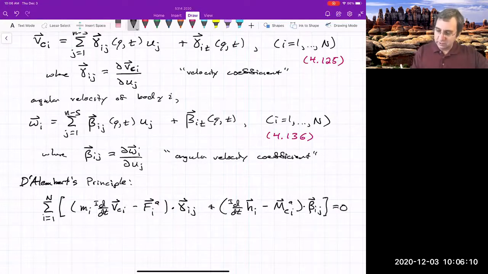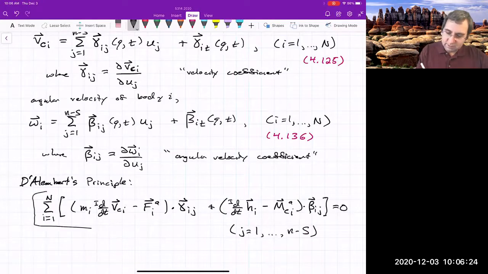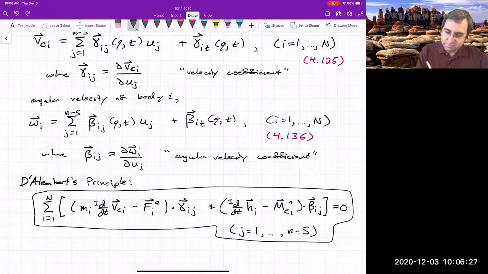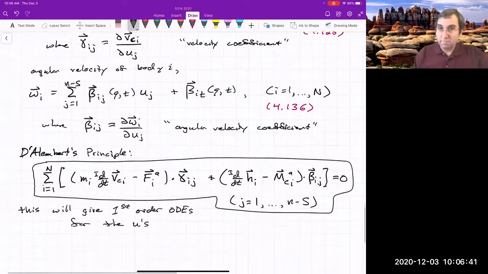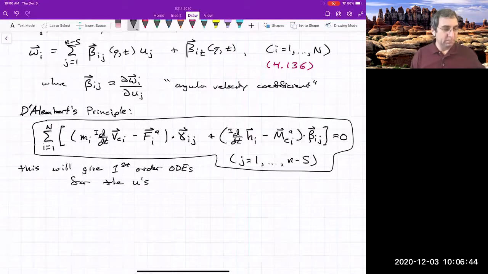And that equals 0. How many of these are there? Here j goes from 1 to n minus s. This D'Alembert's principle will end up giving first order ODEs for the U's, which is pretty cool.